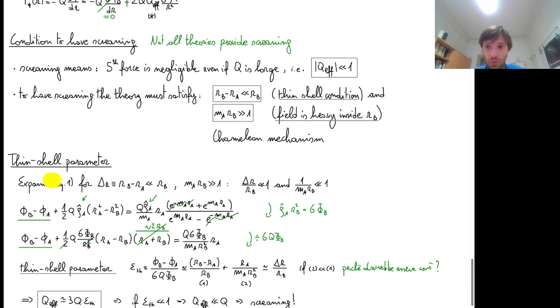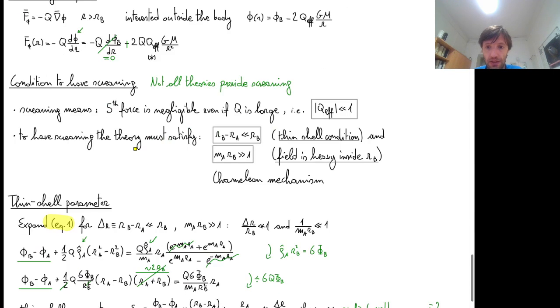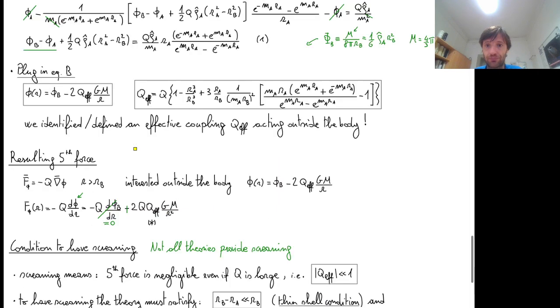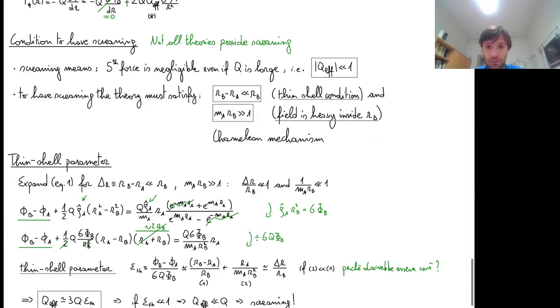Therefore, what we can do is set equation 1, which is this expression here. We just expand it using these limits. If we do so, this equation becomes that. So we just use this guy, and it becomes just that.